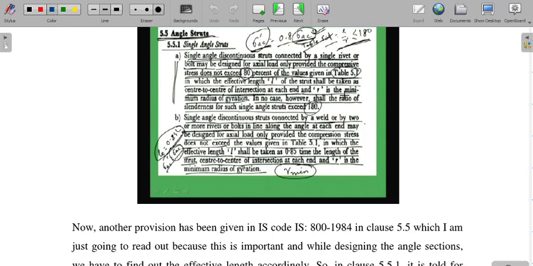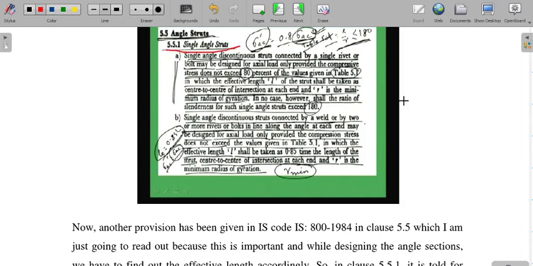Let us see one by one how the code book gives it. If you refer to the code book, clause number 5.5, and under that section 5.5.1, it is given for single angle strut.